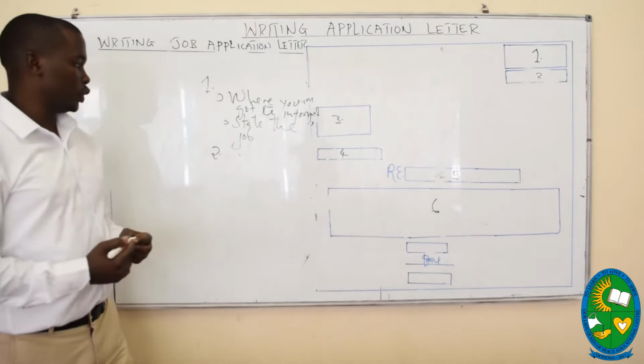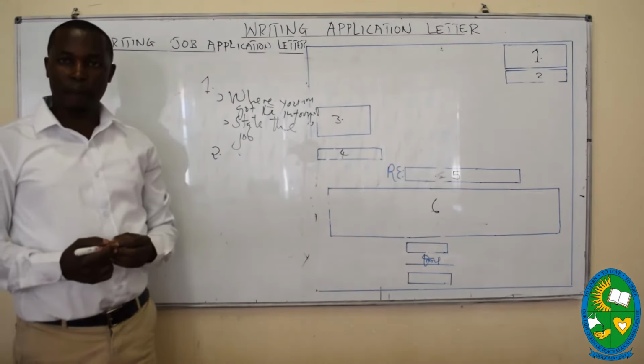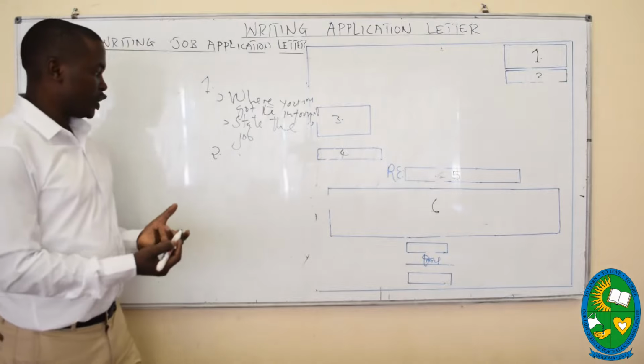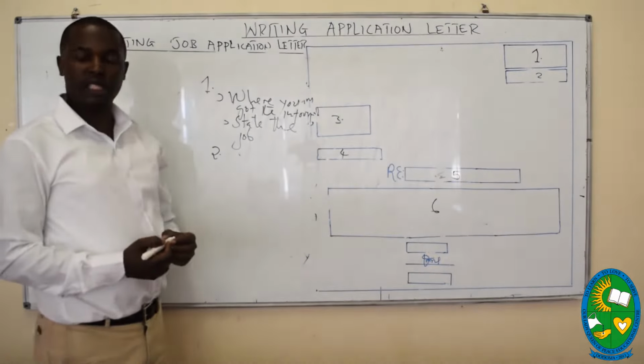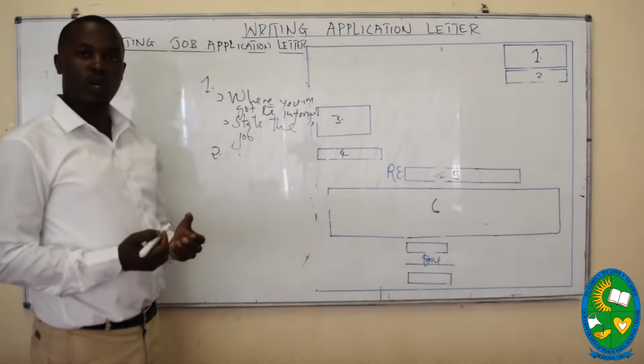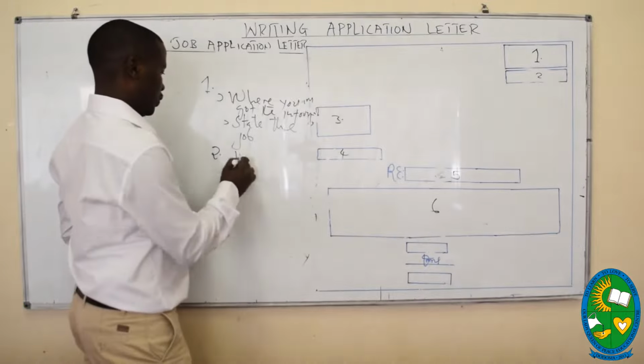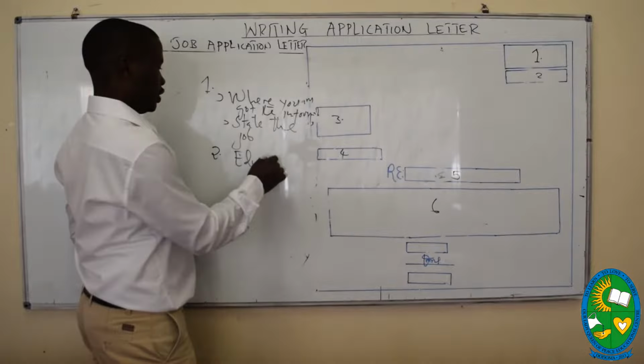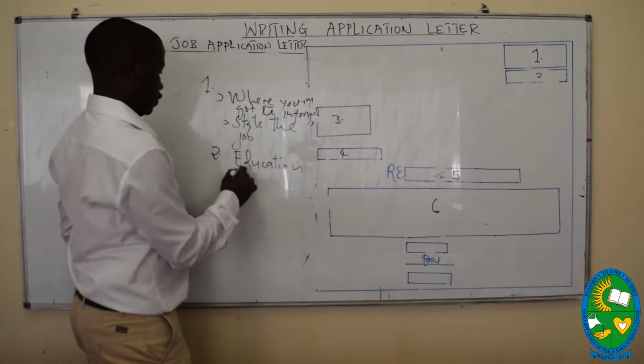The paragraph number 2 consists of 2 main pieces of information. Information number 1 that should be found in paragraph number 2 is your education qualification.